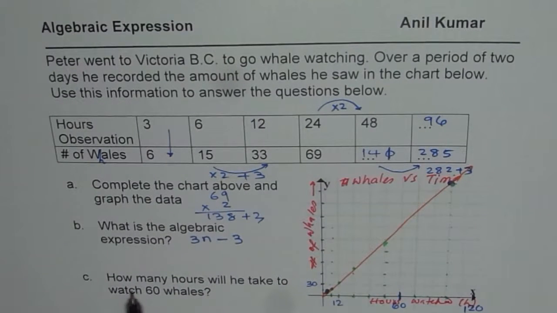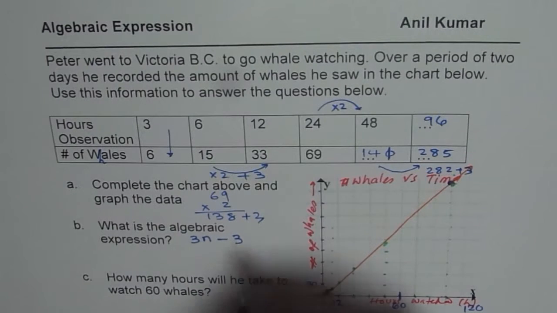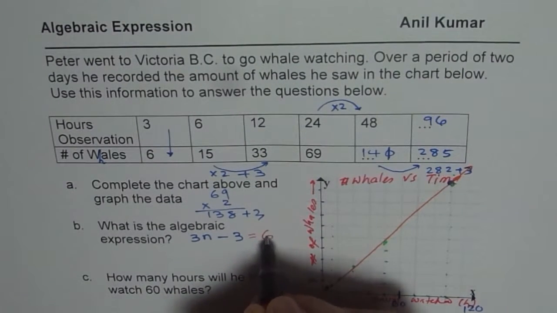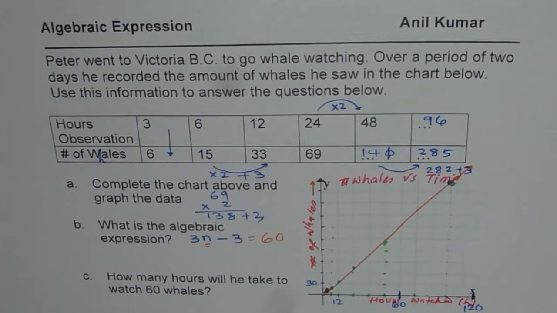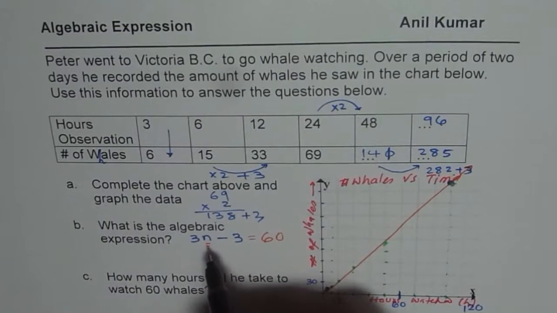Now the question is, how many hours will he take to watch 60 whales? That means I have to equate this to 60 and find n. How do we get that? We could do it by systematic trial. I could take n as 20.